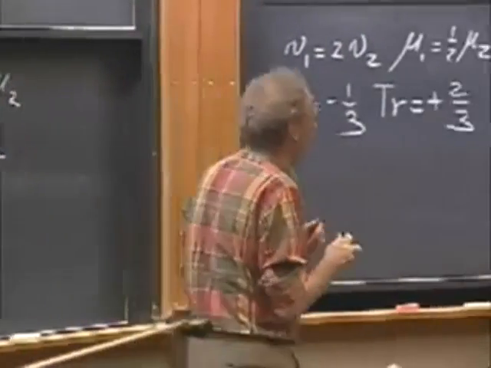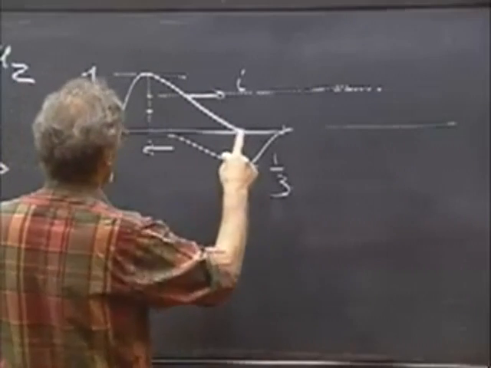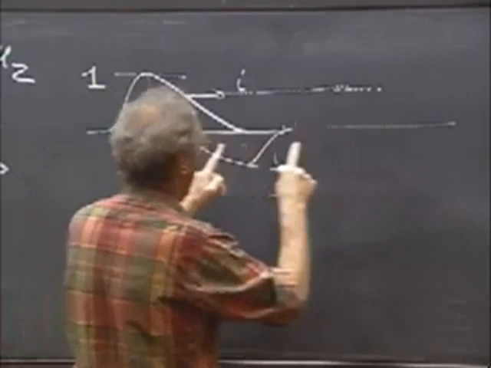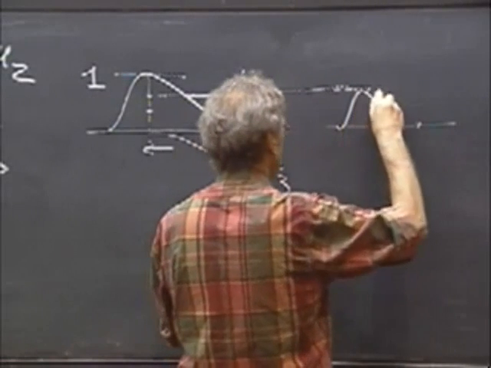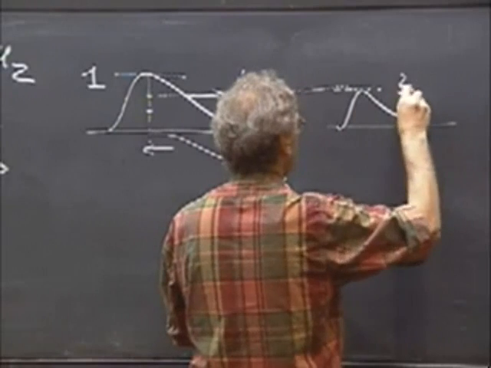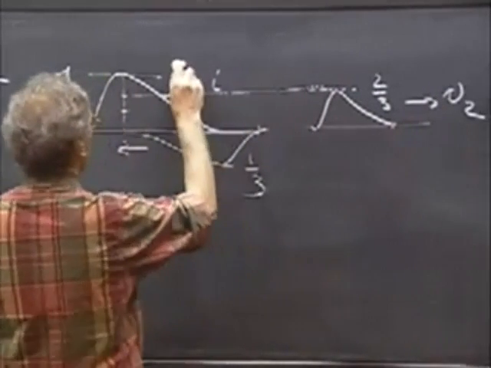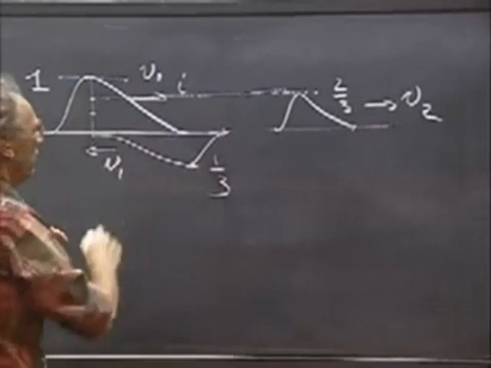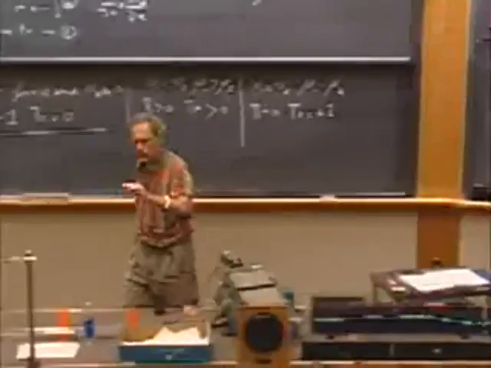And so not only will the amplitude be 2/3 of the incident one, but this length will only be half. And so you will see this. And this is now 2/3. And this is moving with velocity v2. This is moving with velocity v1. And this is moving with velocity v2. So that's the meaning of R and TR. There was a question here.